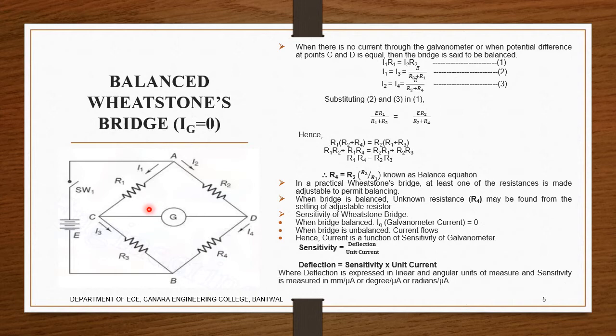This is equation 2. For the other arm, I2 is equal to I4, which is equal to the EMF E divided by R2 plus R4. This is the same as KVL. When I consider only this arm: E, switch, R1, R3.